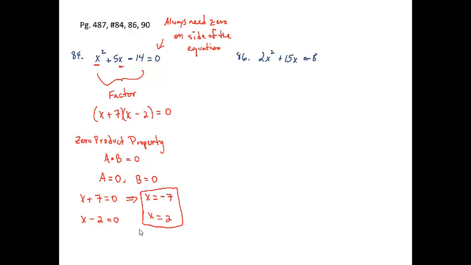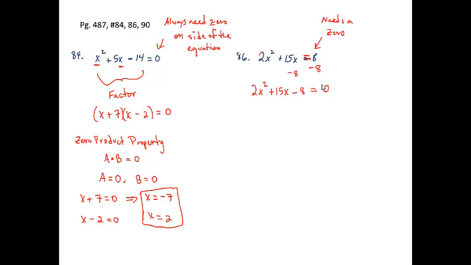Alright, let's move on to number 86. So this one says 2x squared plus 15x equals 8. Well, what do we notice on the right side? It is an 8 when it needs to be a 0. So how do you move the 8? You just subtract it. Subtract 8. So now you have 2x squared plus 15x minus 8 equals 0.